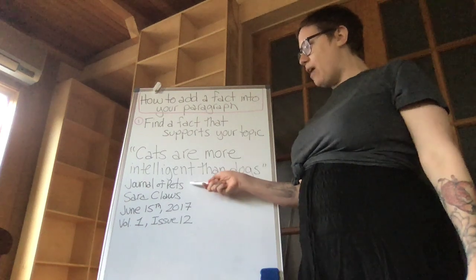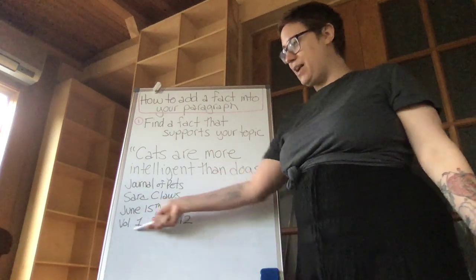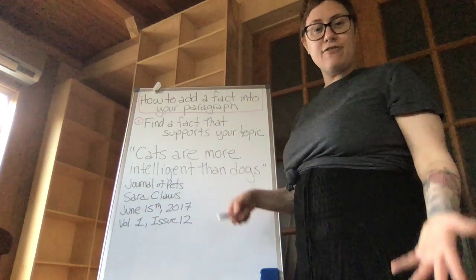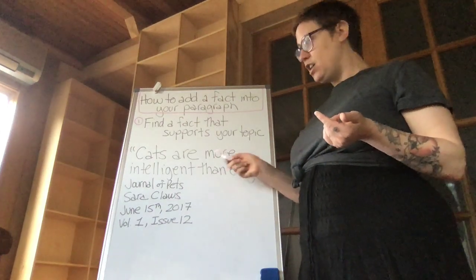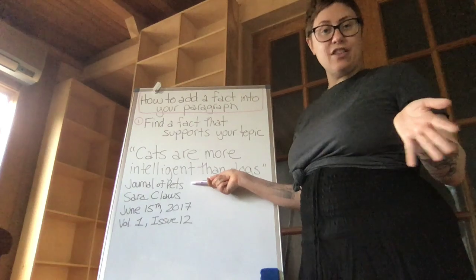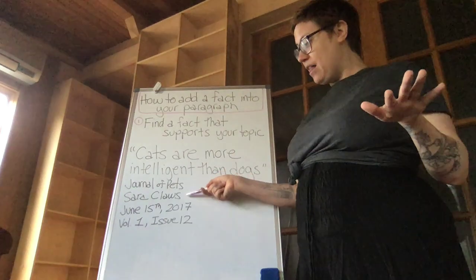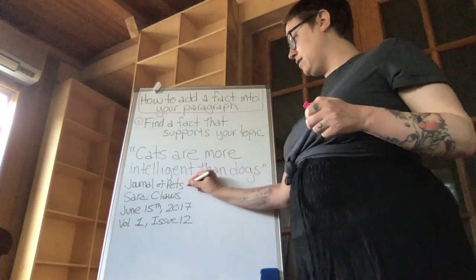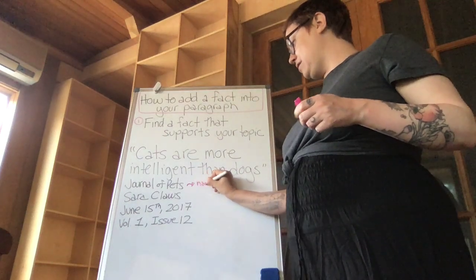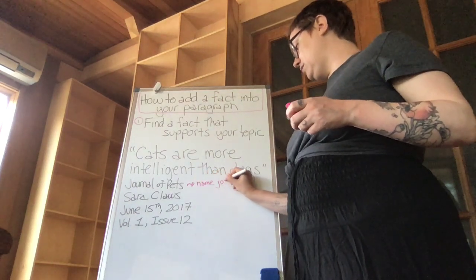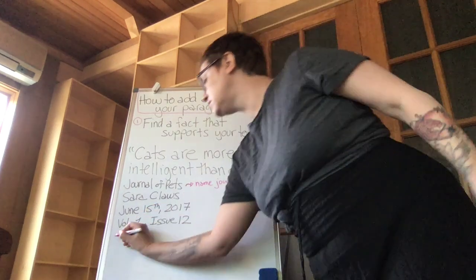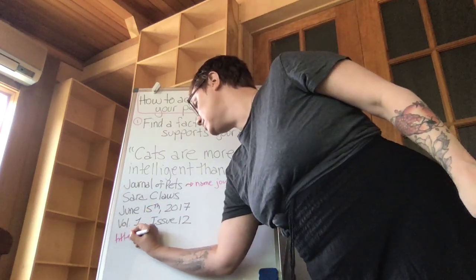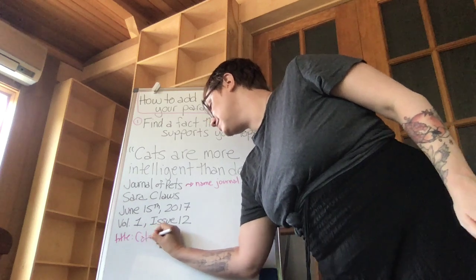Now this information is very important. This is the information of where I found this fact. I found it inside the Journal of Pets. This is the name of the journal. I forgot the title: Cats Are Great.